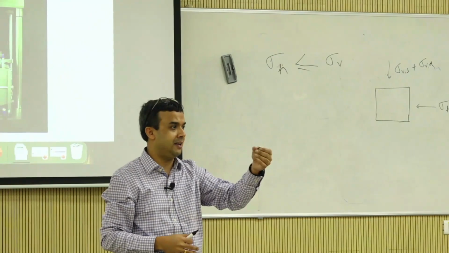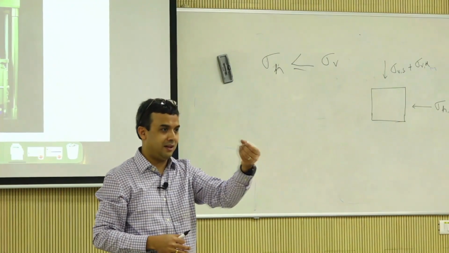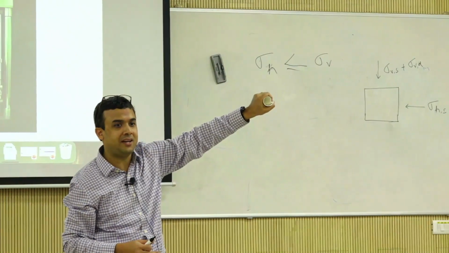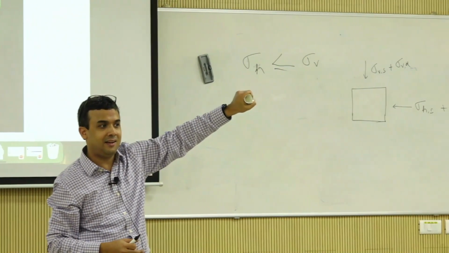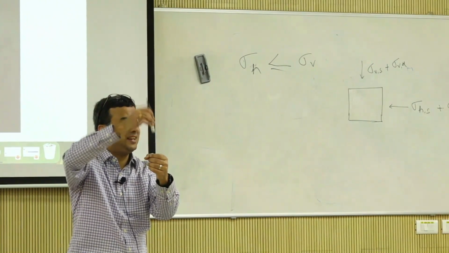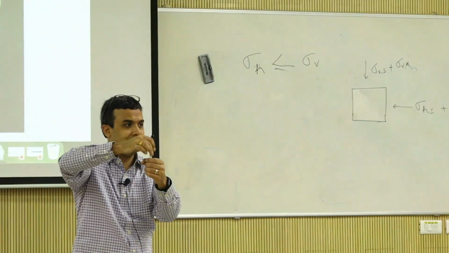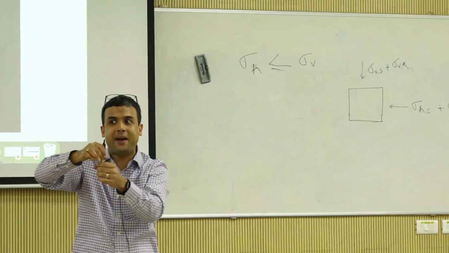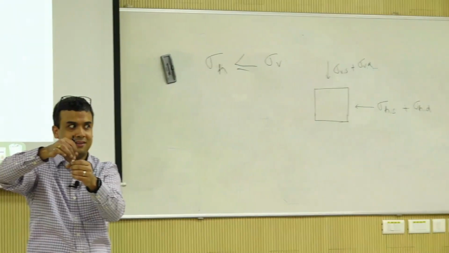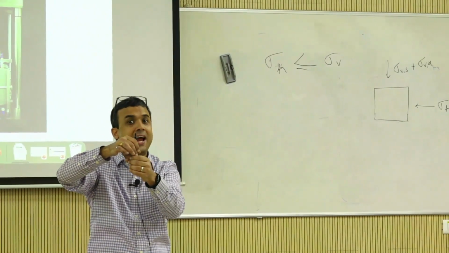Now I am holding it this way, so I can squeeze it this way, can't I? And if I have a separate mechanism here, I can pulse it separately, can't I? Now you see that there is independent control over the lateral and the vertical, right?